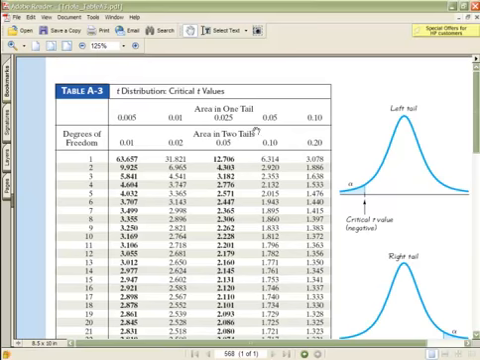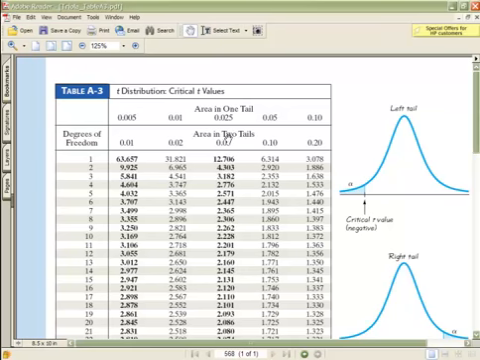So first we note that alpha is 0.10, so the degree of confidence is 90%, and what's left over there is 0.10, 10%. And the area is in 2 tails because it's a z sub alpha over 2. You can think about it that way, or you can think about confidence intervals.